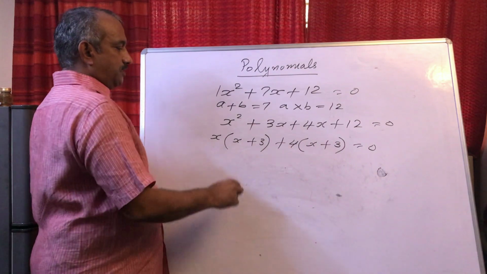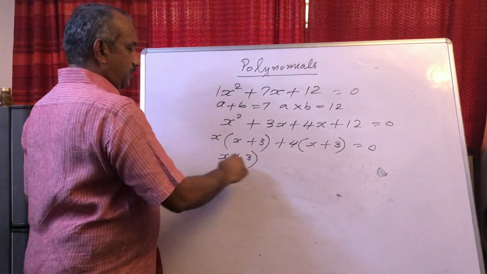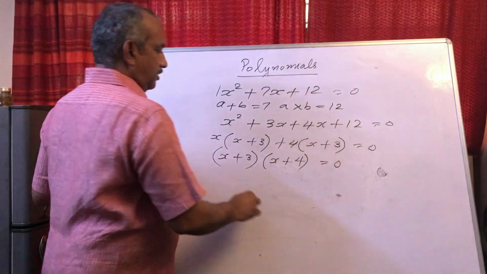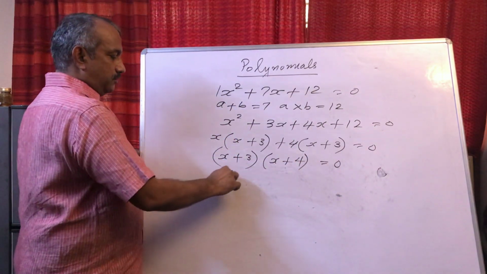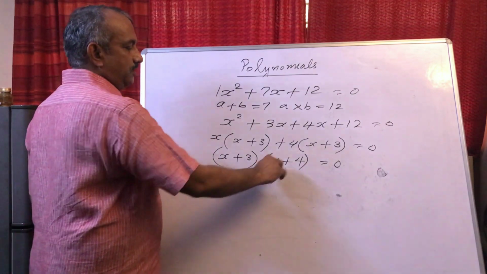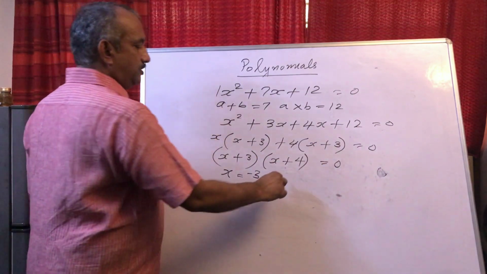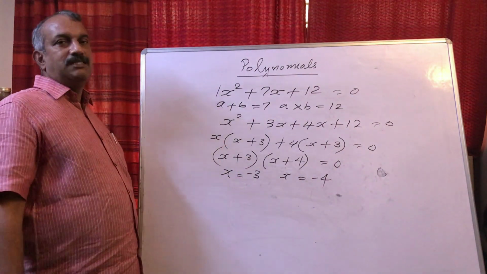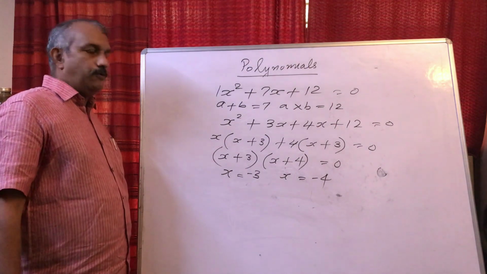Now I am taking x plus 3 common, x plus 3 into x plus 4, which is equal to 0. Now if x plus 3 is equal to 0, x is equal to minus 3, and if x plus 4 is equal to 0, x is equal to minus 4. So the two zeros are minus 3 and minus 4.